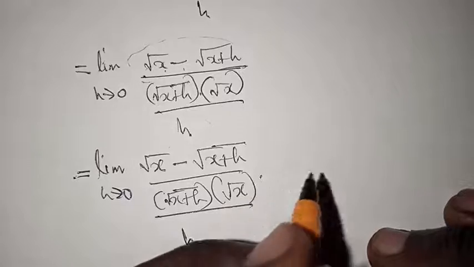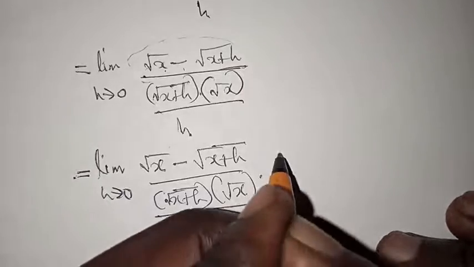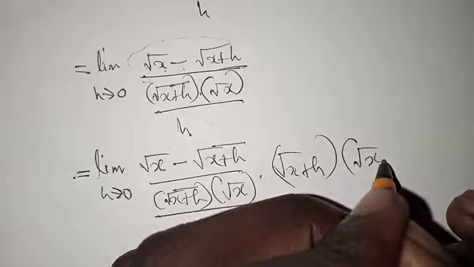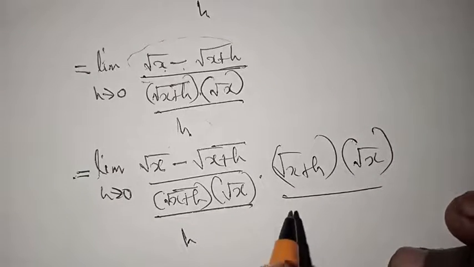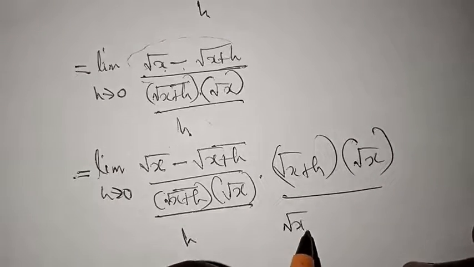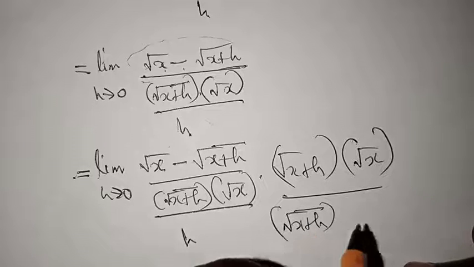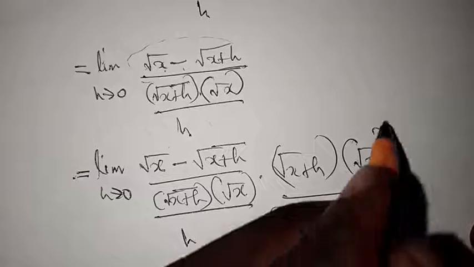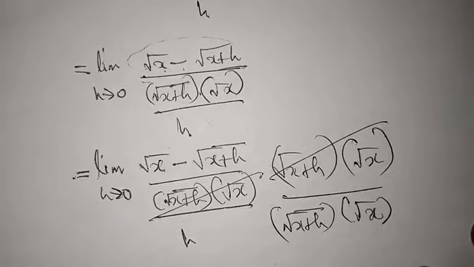There we multiply with the common denominator, which is square root of x plus h multiplying the square root of x. We do the same even down, so it will be square root of x plus h to multiply the square root of x, like this. Now from there, this and that will divide, which will give us a value of 1.